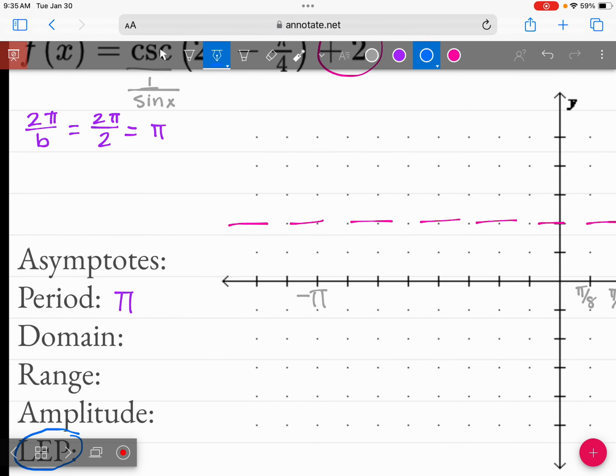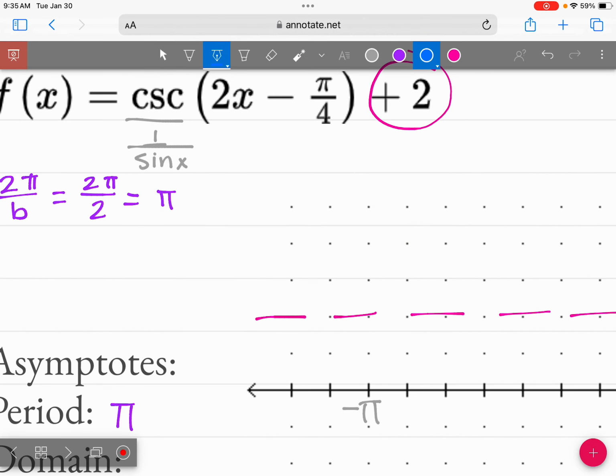Okay, now we're going to do our left endpoint, which is where our argument, that 2x minus pi over 4, where that equals 0. So that tells us that 2x equals pi over 4, which means our left endpoint is when x is what? Careful with our dividing in fractions.